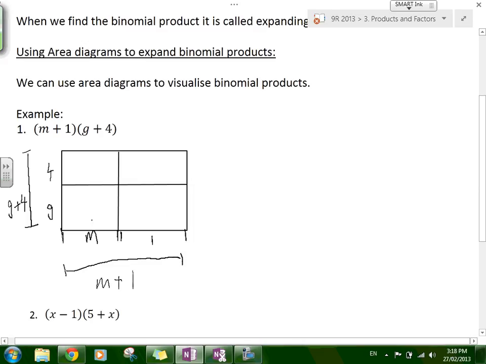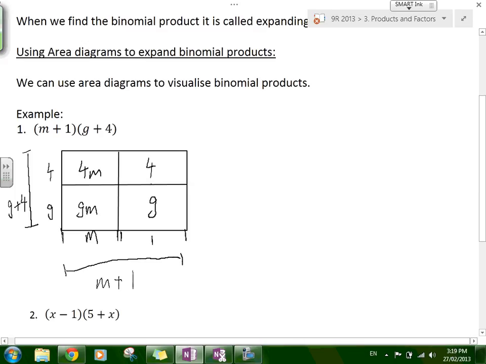The area of this quarter is GM. This quarter must be 4 times M, so it's 4M. This quarter is 4, because it's 4 times 1. This quarter is G, because it's G times 1.